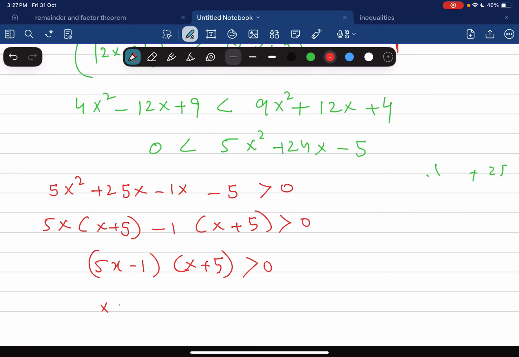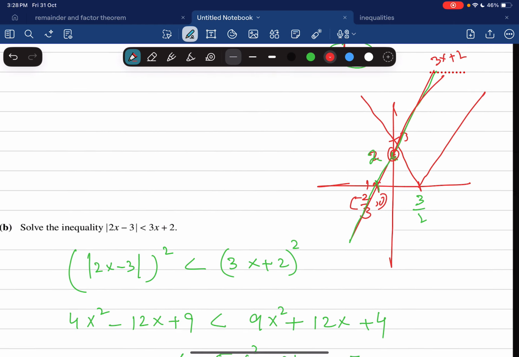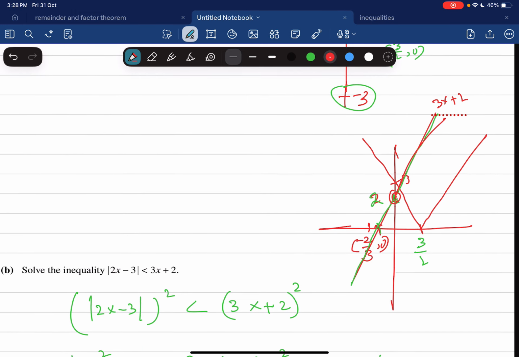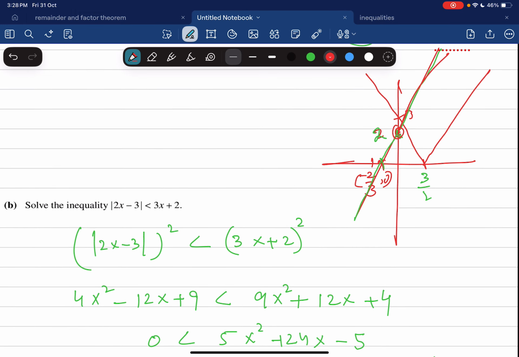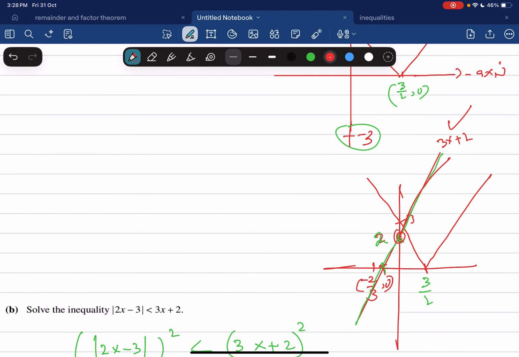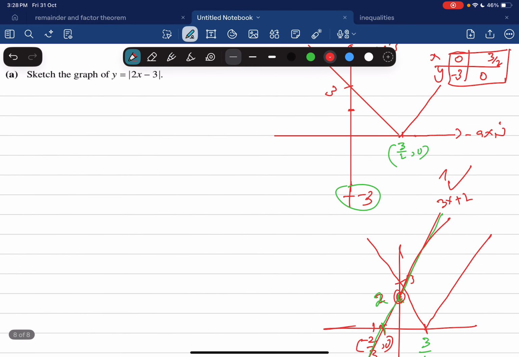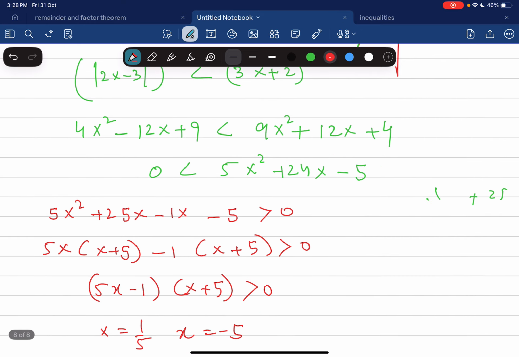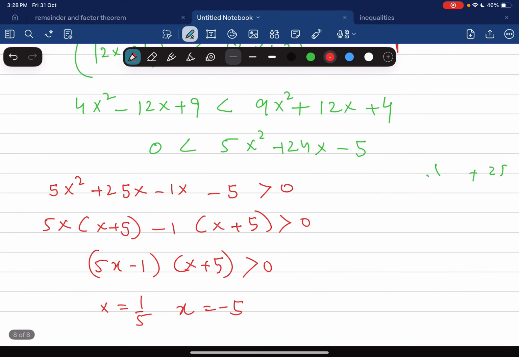Critical values: x is 1 over 5 and x is minus 5. Here we have one intersection, so the greater part is on this side. We take only the positive answer, we do not take the negative answer. We take x greater than 1 over 5. That is only.